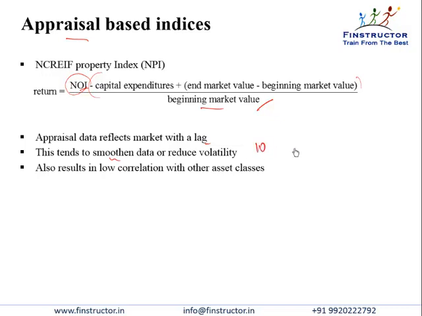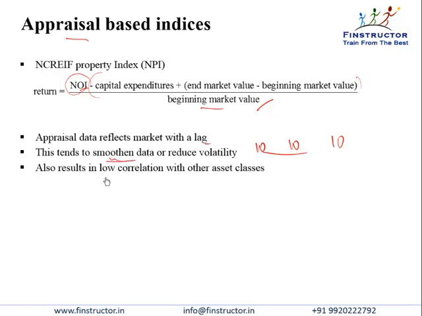So 10 was the value last month, 10 is the value this month, 10 is the value next month also. Not because there is no volatility, but because there is no transaction. And hence this tends to artificially reduce the standard deviation, or the volatility. This phenomenon is called smoothing.